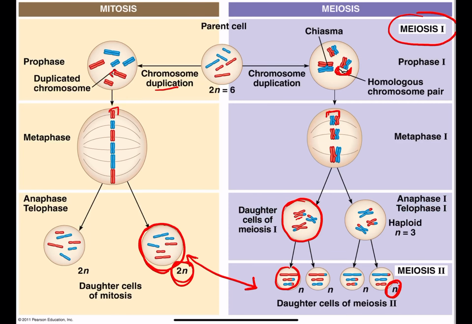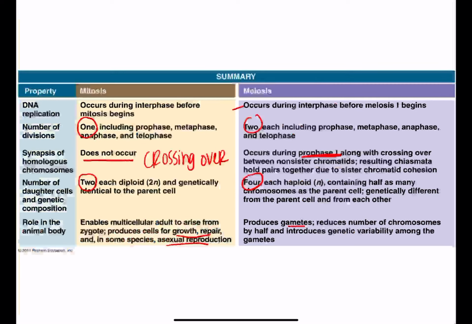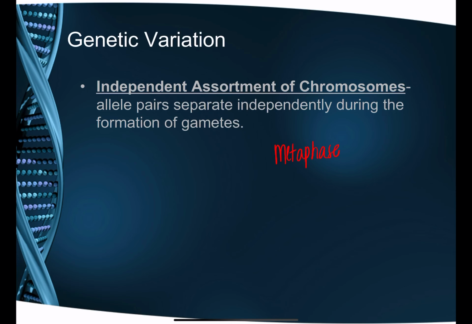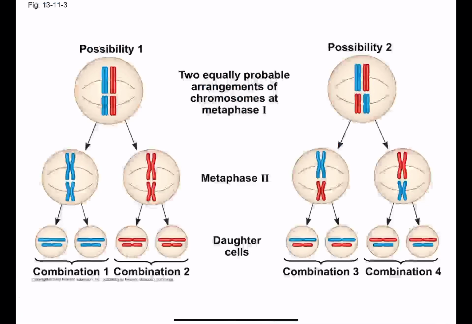And so that's kind of interesting there. So that is independent assortment. The way that the chromosomes line up on the metaphase plate is different every time. And so the traits, the alleles, assort independently. Okay? So this diagram is kind of supposed to help explain it.